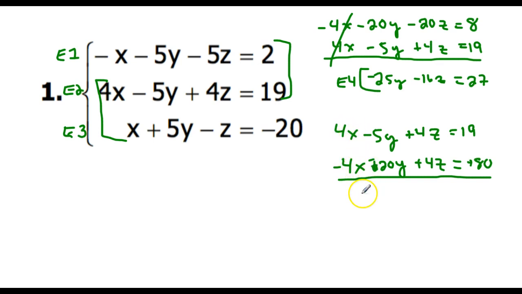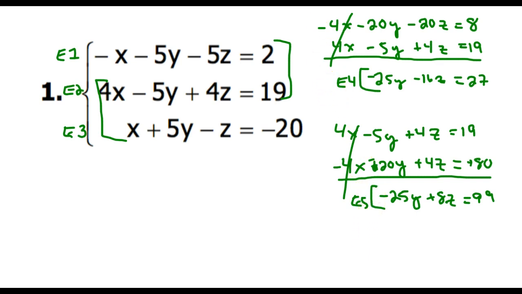So 4x minus 4x gives me 0 x's. So they just canceled. Negative 5y minus 20y gives me negative 25y. And then 4z plus 4z gives me 8z's. And then 19 plus 80 gives me 99. And this is a new equation. I'll call it equation 5.